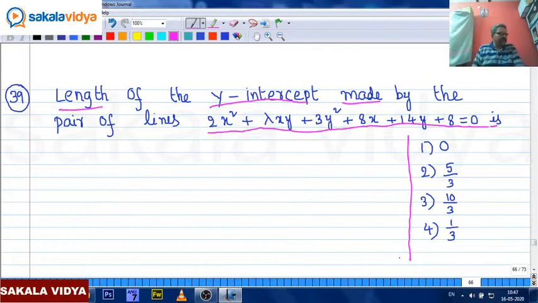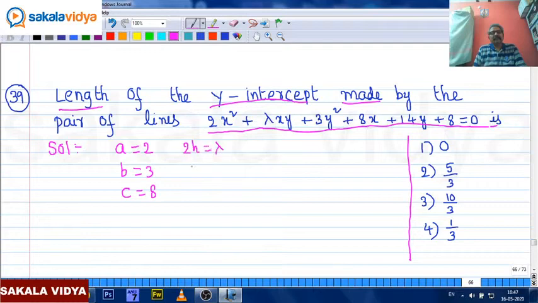So now y-intercept we need to find out. Solution. Here x square coefficient is 2, so a is 2, y square is 3, b is 3, constant term 8, c is 8. 2h is equal to lambda, 2g is equal to 8, I am writing directly. 2f is equal to 14.